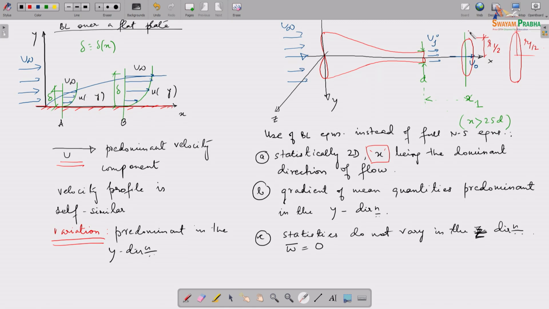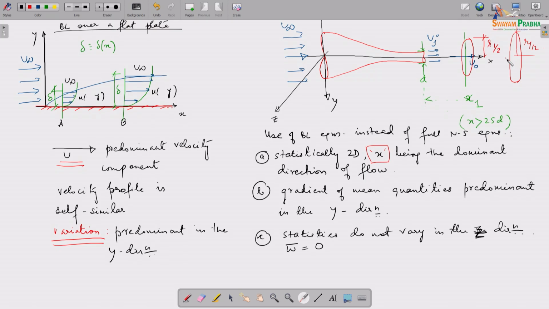If you look at these two profiles, you have a velocity profile, you have a height, and there are variations along x and y, and the mean velocity profile is again self similar.